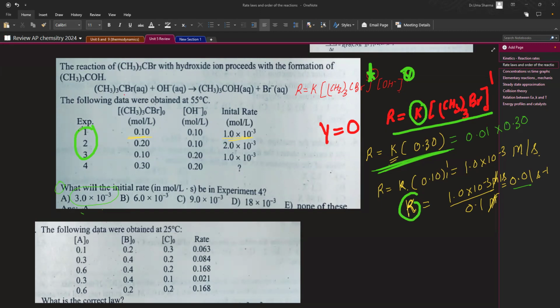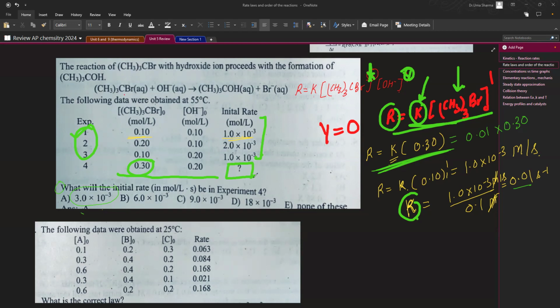By using experiment 1, 2, 3, any one of them, k is going to be same. K is constant for all 3 experiments. Once you have the value of k, then you can write down the rate law like this. Plug in k, plug in this concentration, to know the initial rate to fill this blank.